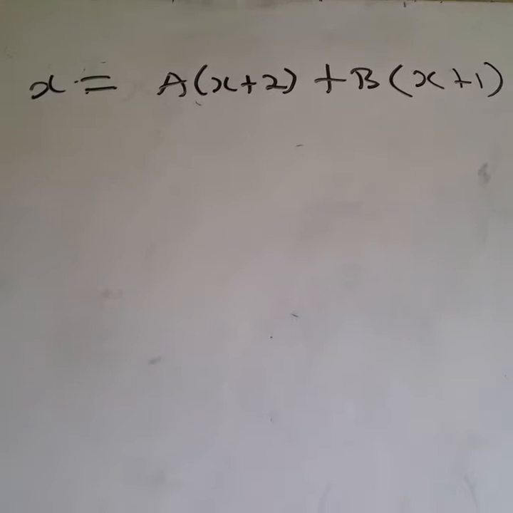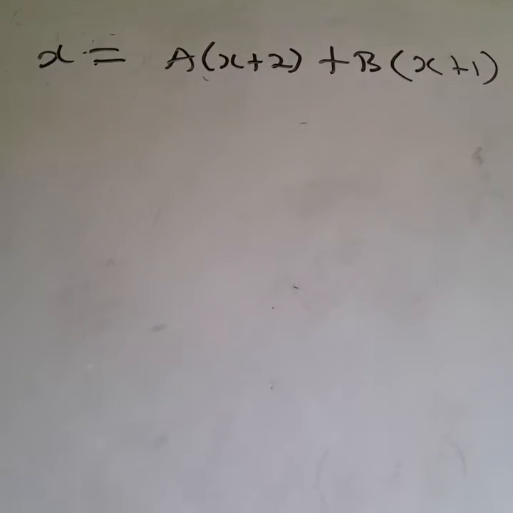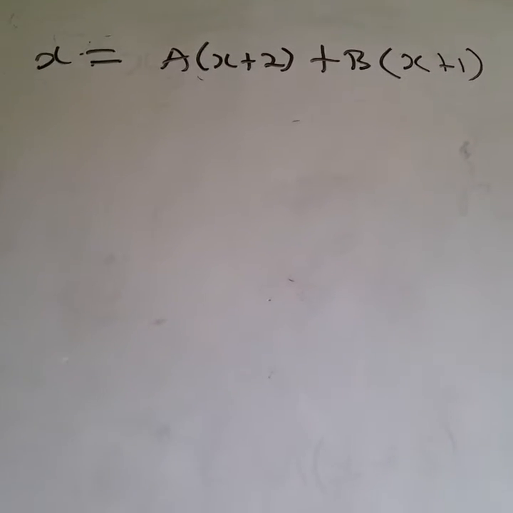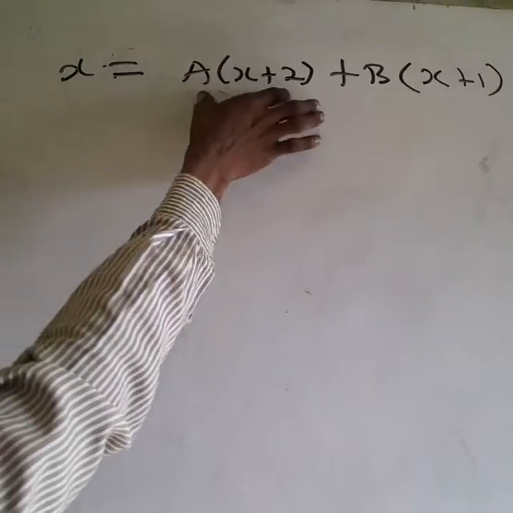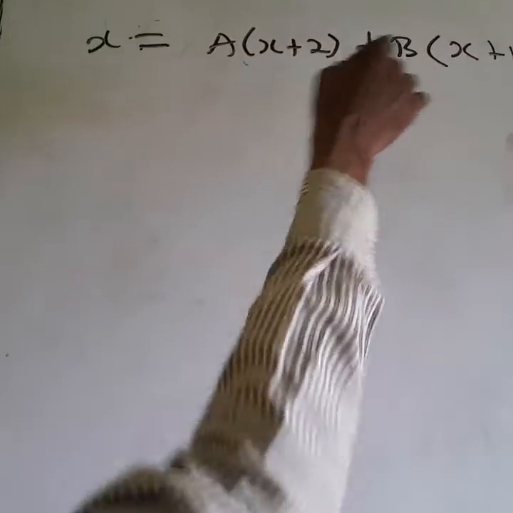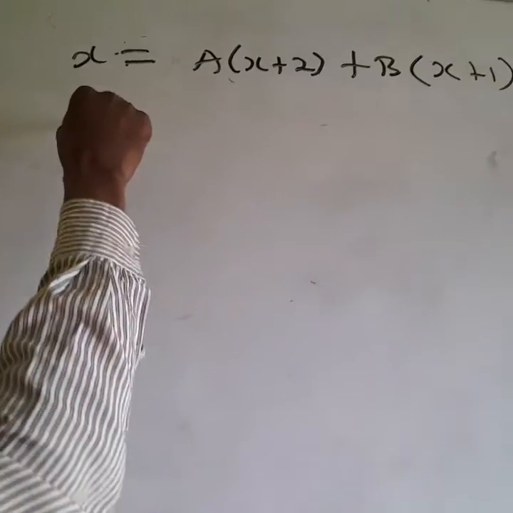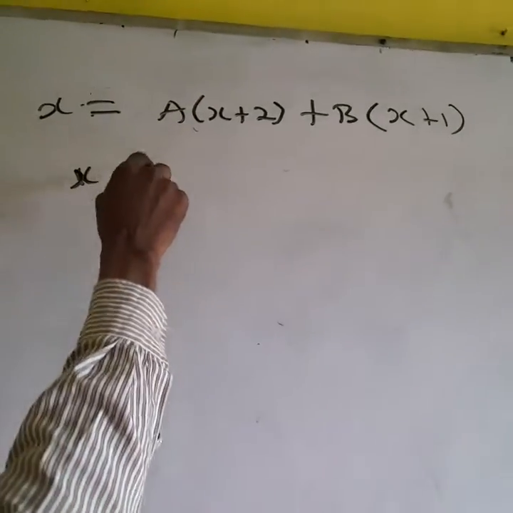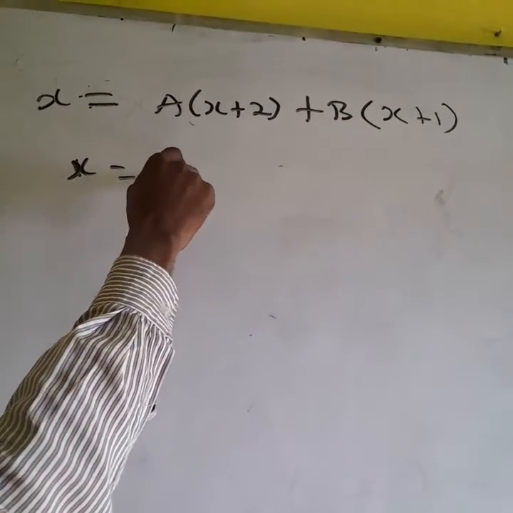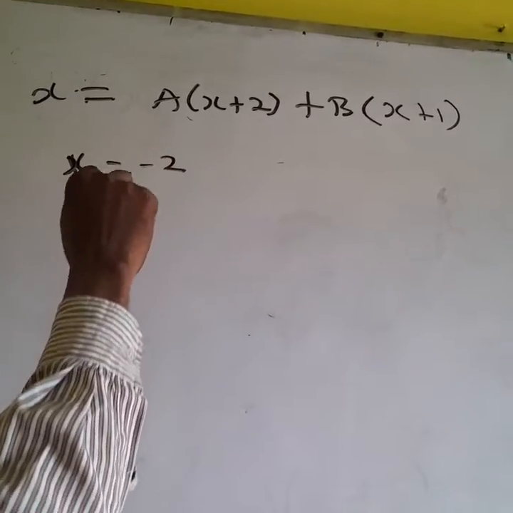We're going to eliminate one of them. How do we eliminate? We can eliminate A to find B, or eliminate B to find A. To eliminate A, x will be equal to minus 2. Anywhere I see x, I put minus 2.